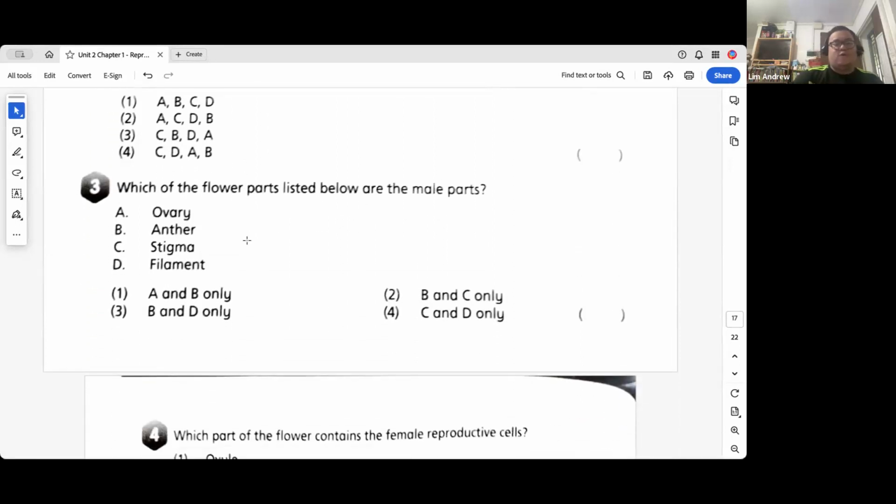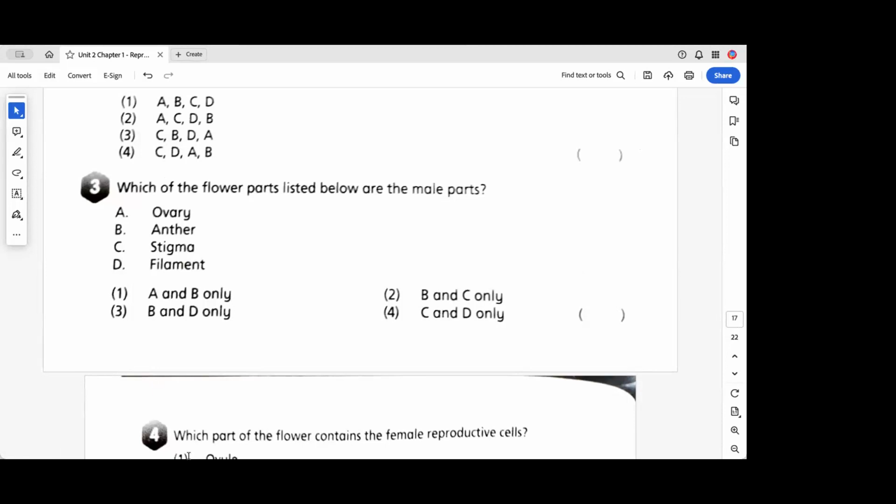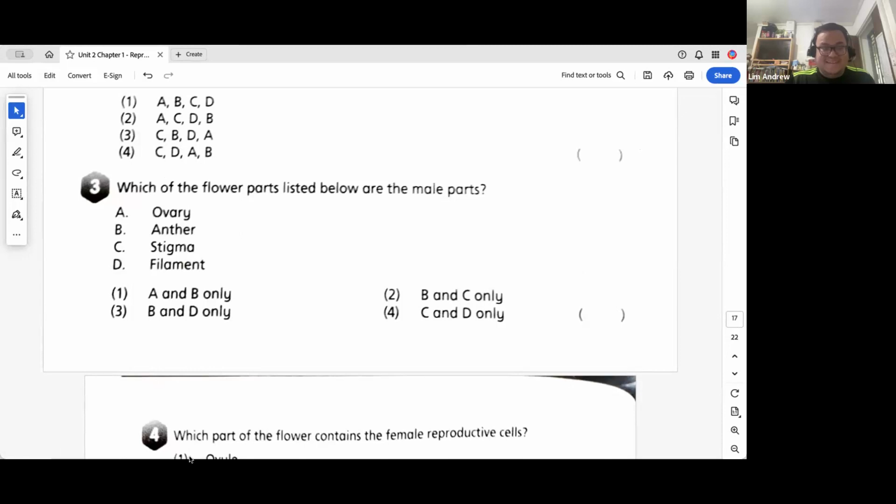Next up, which of the following flower parts listed are male parts? Let me have a volunteer. Hi, good morning. Hi, good morning. Yes, Lynn, good morning. Hi. Oh, you raised your hand? Yes.